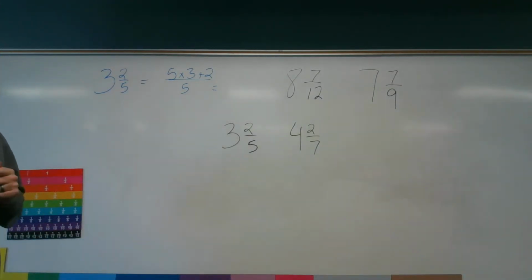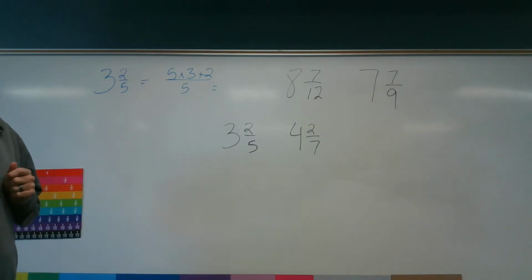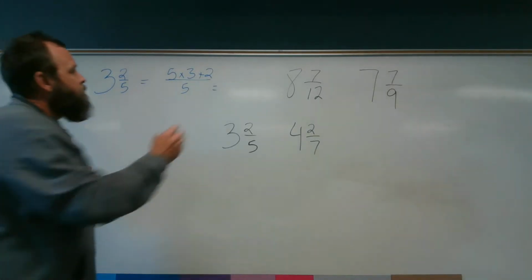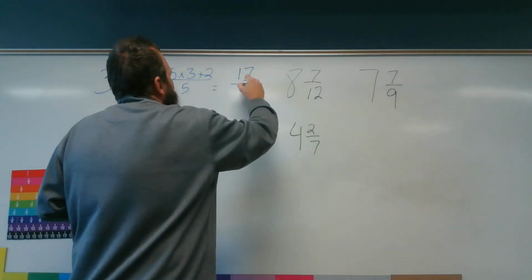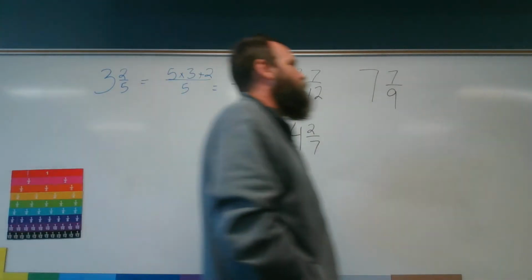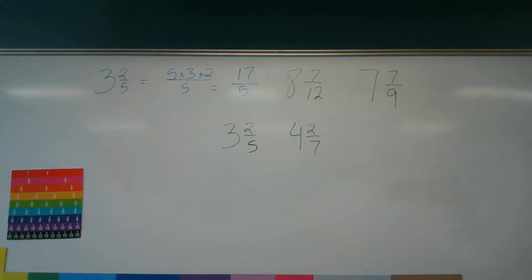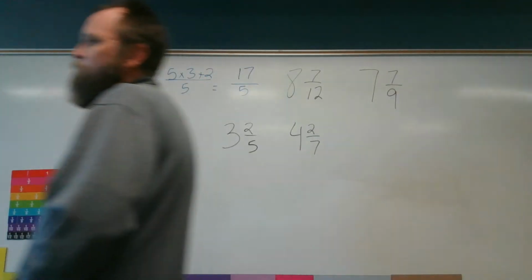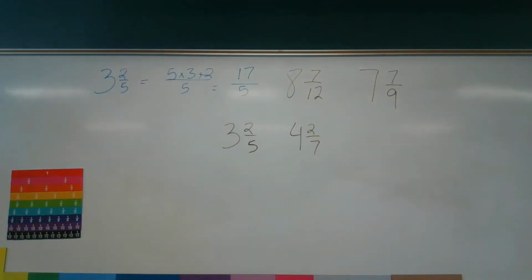Plus 2? 17. And the denominator stays the same. So 17/5 is equivalent to 3 2/5.